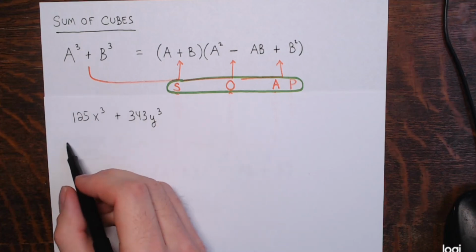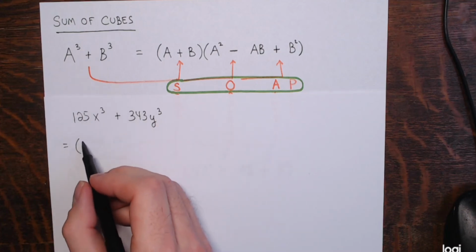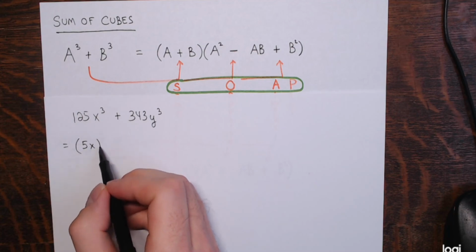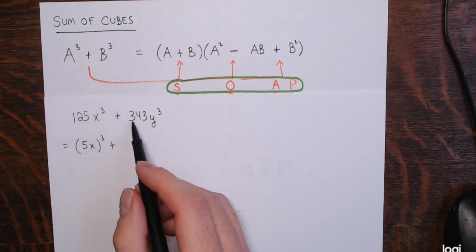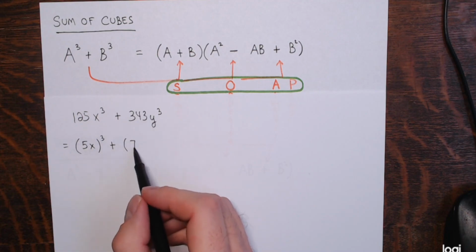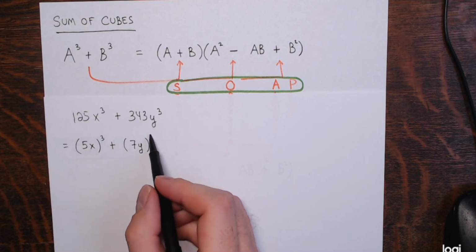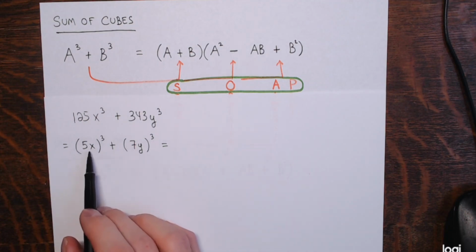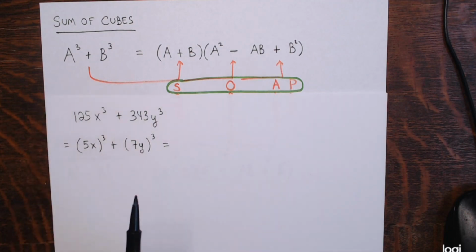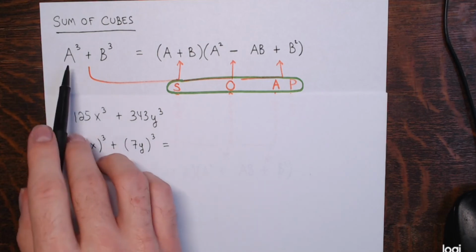Alright, so 125x cubed, that's 5x to the third power, plus, and then 343y cubed, that would be 7y to the third power. So I'm going to treat 5x like a, right? All the a's are getting replaced by 5x, and the 7y will replace all the b's.